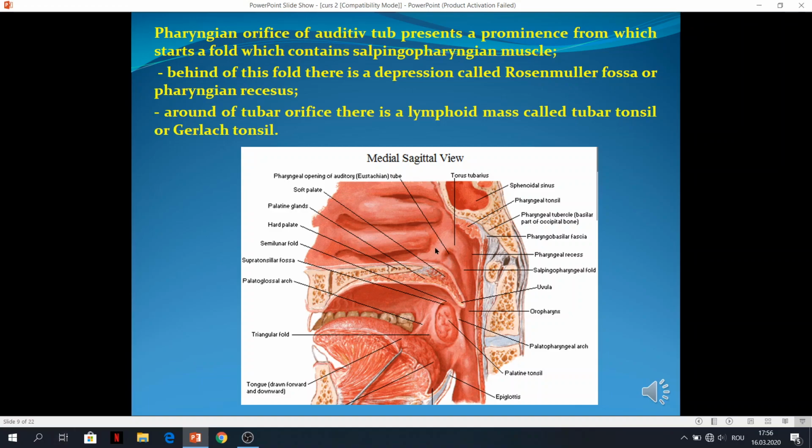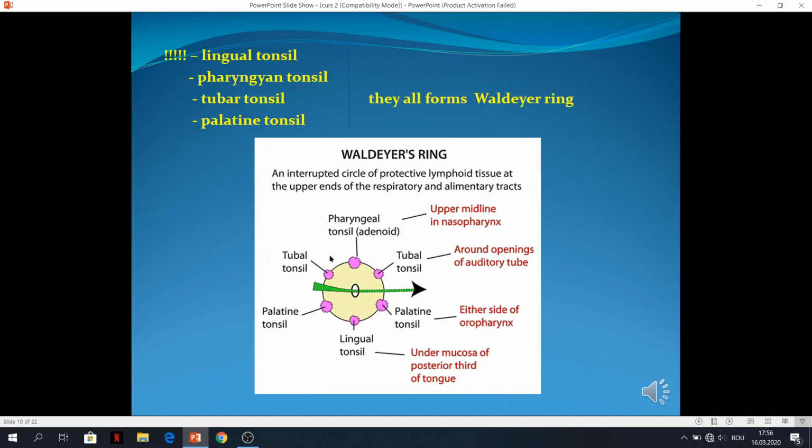Okay, there is something more. This orifice is not represented here, but on a real body it is encircled by another group of lymph nodes, which form another tonsil. So till now you know the lingual tonsil from the tongue, the palatine tonsil, the pharyngeal tonsil, and right here the tubal tonsil or Gerlach tonsil. Look at this picture.